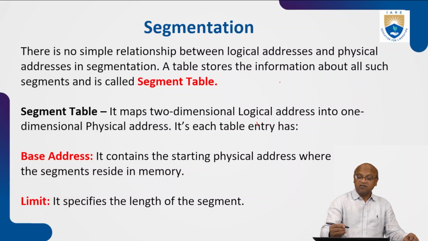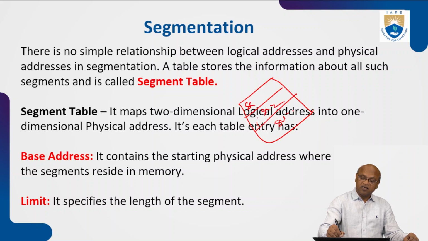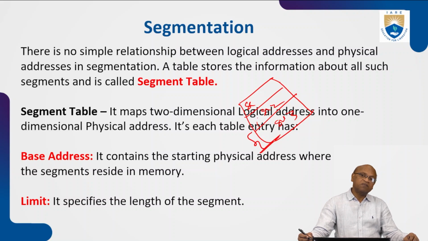Once you look at this hard disk, it is divided into segments: segment 1, segment 2, segment 3, like this. Each segment will have a base address and a limit, which is the maximum address in each segment. That is called the segment limit.